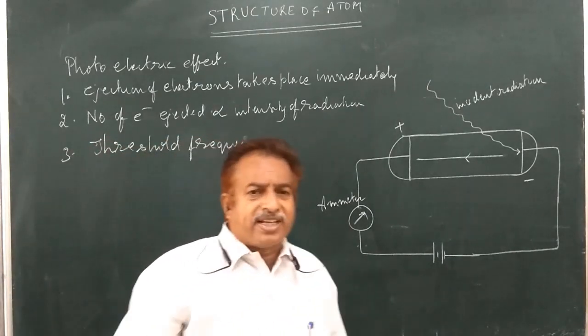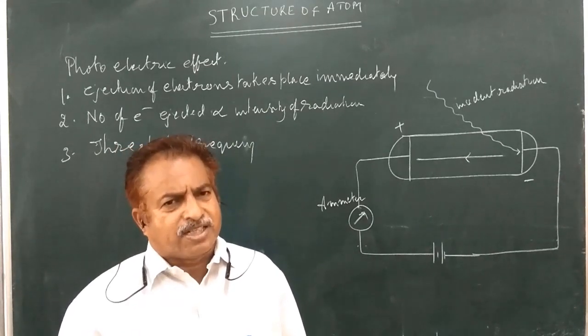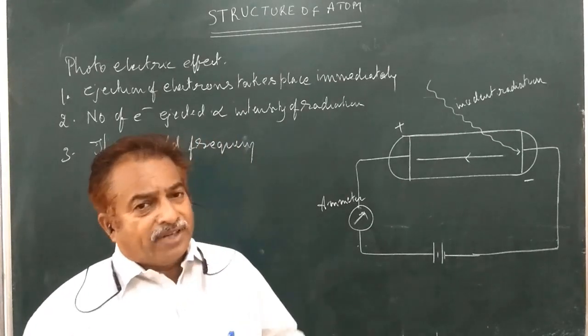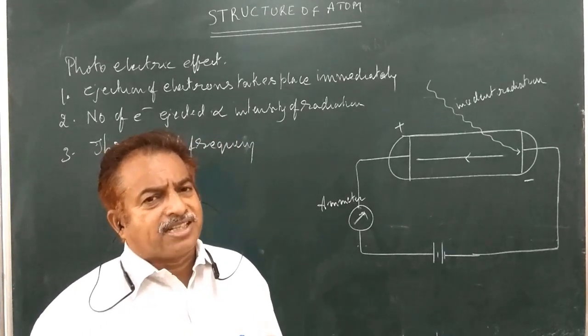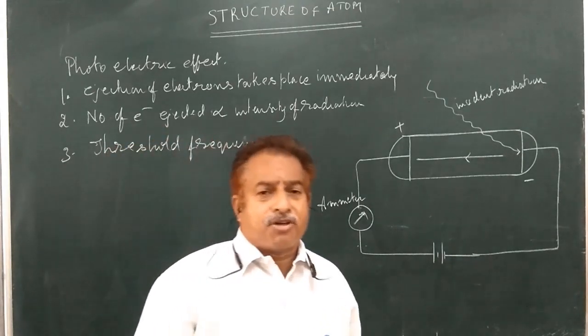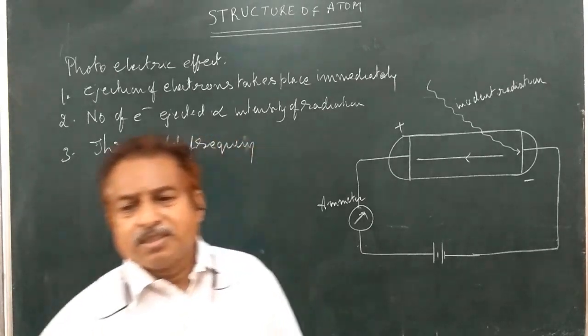So, the frequency of radiation with which the photoelectric effect takes place is known as threshold frequency. For different metals, the threshold frequency differs. So, for two metals, the threshold frequency is not the same.